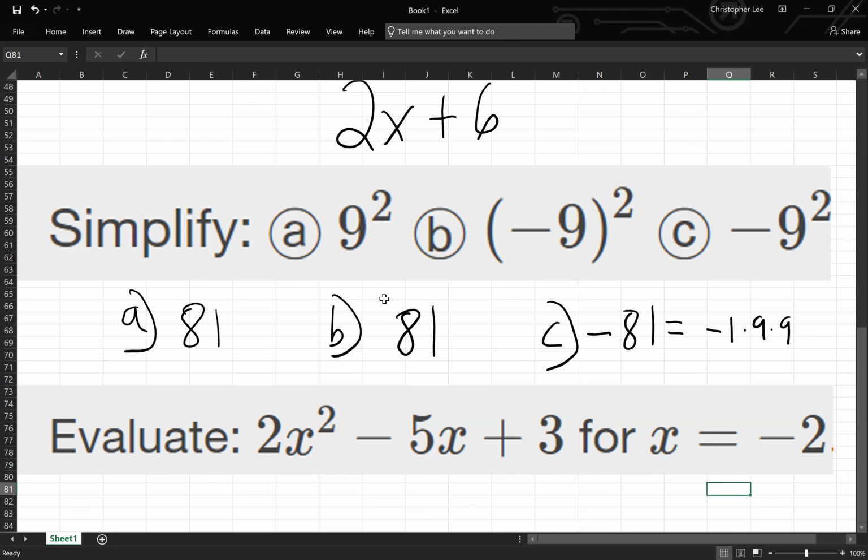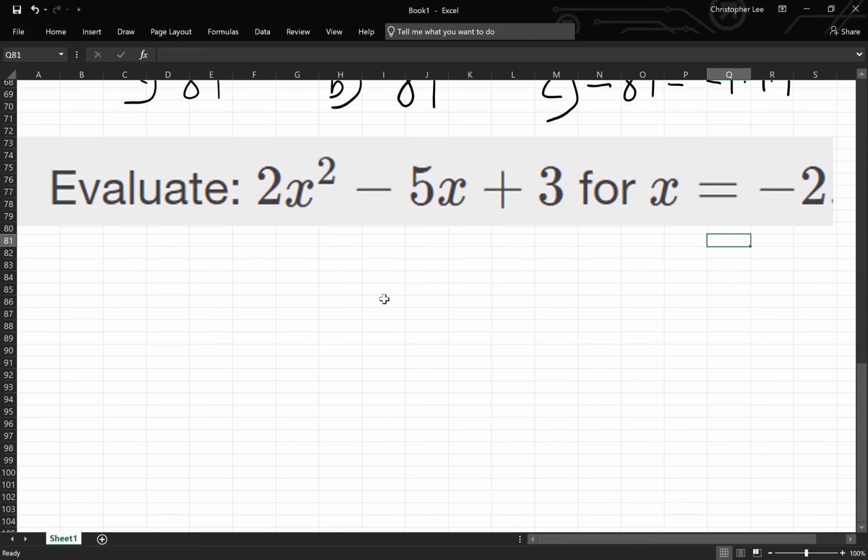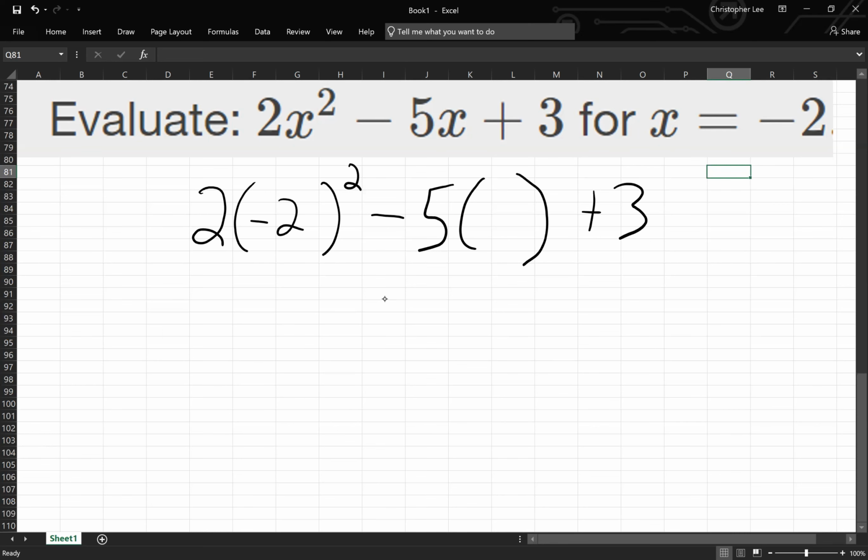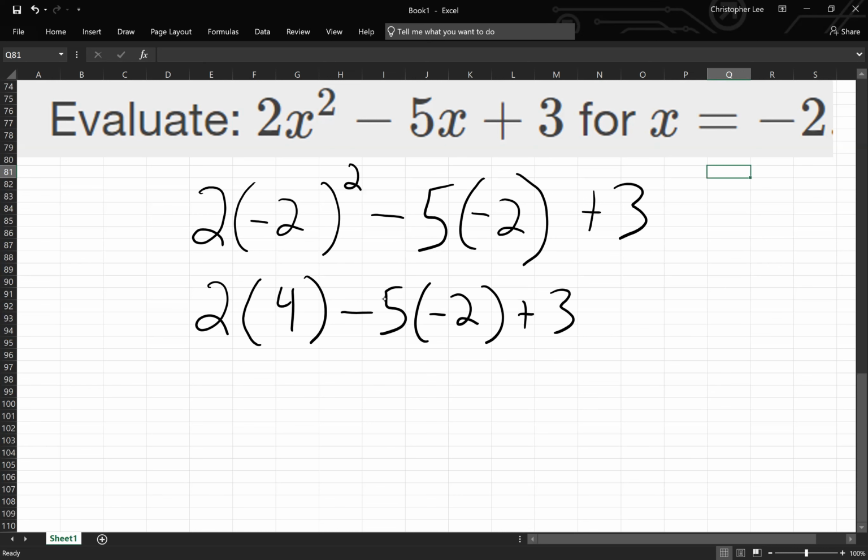All right. Let's take a look at this one. The secret here is to just plug it in. So everywhere you see a variable, you put parentheses and plug in what they're telling you to plug in. So -2, -2. Doing the math on this, I get 2 times 4 minus 5 times -2 plus 3. And then I get 8 plus 10 plus 3, which is 21.